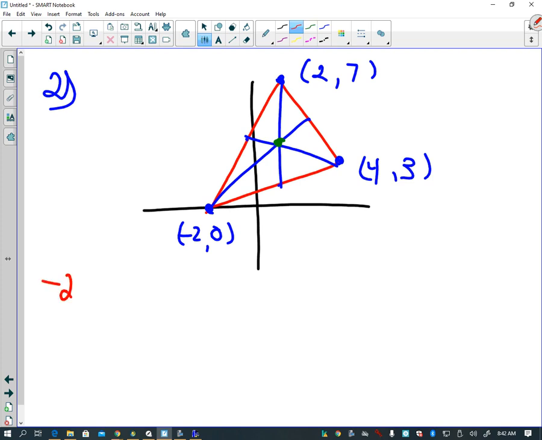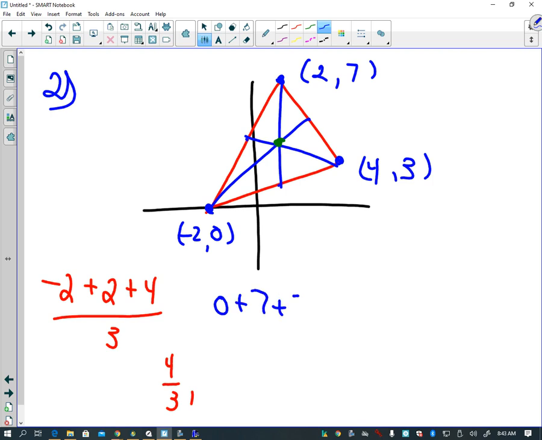So -2 plus 2 plus 4 divided by 3. Well, my 2's cancel out, right? And so I'm left with an x coordinate of 4/3. Okay, and my y coordinates would be 0 plus 7 plus 3 divided by 3. So that'd be 10/3.